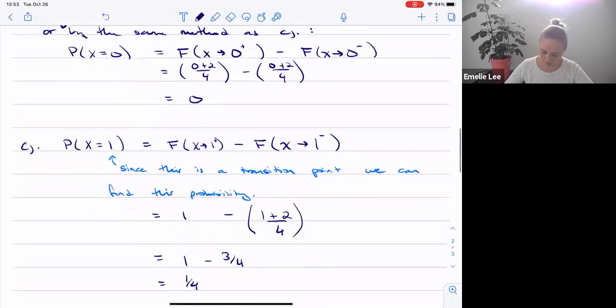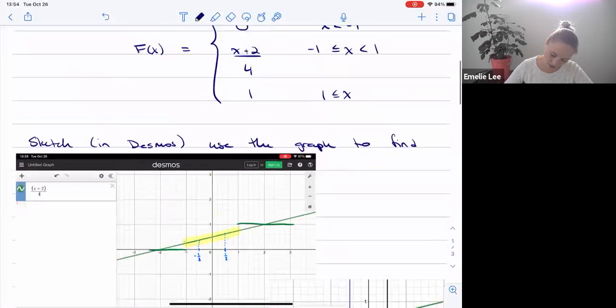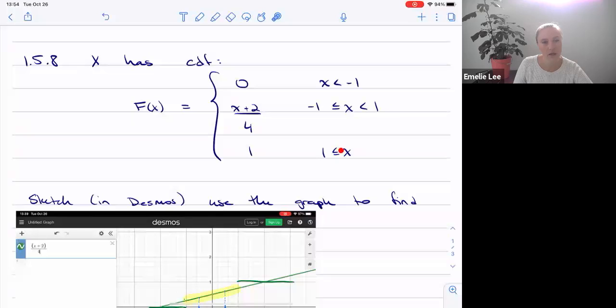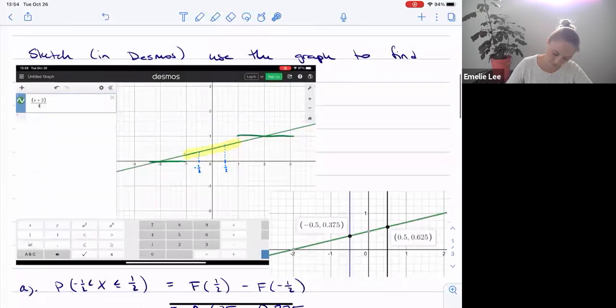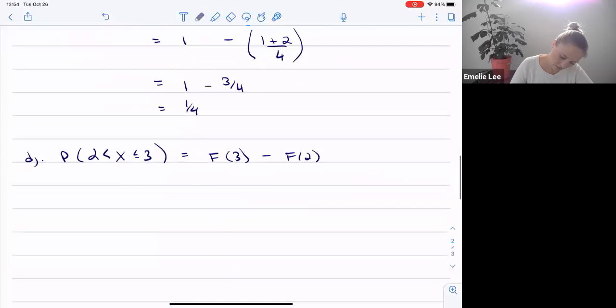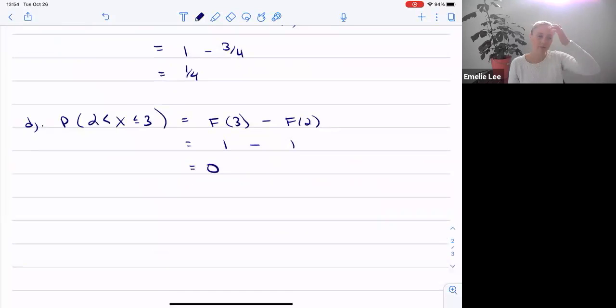But f of anything greater than 1 is all going to be 1, and so 1 minus 1 is 0. Okay, good. I think that's it for that question.